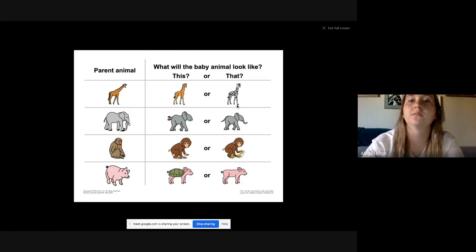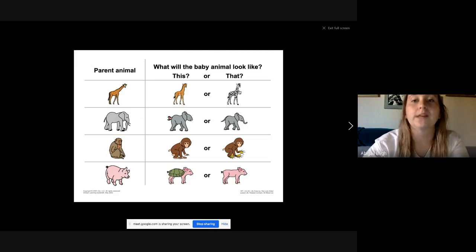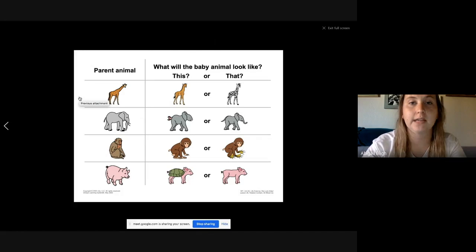And then we have an animal here that has black and white stripes and a long neck. So they both have a long neck, but which one looks more similar? Which one looks the same as the parent animal? Good, this one does. So you're going to circle this giraffe on your paper.